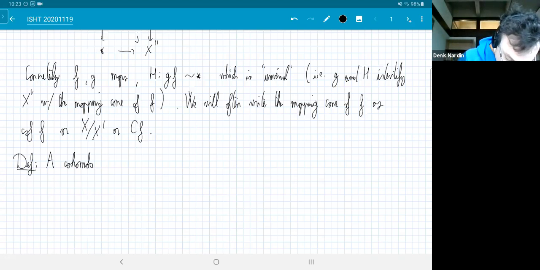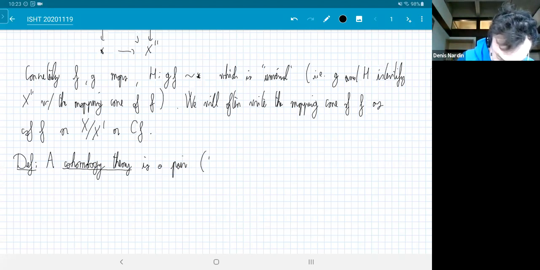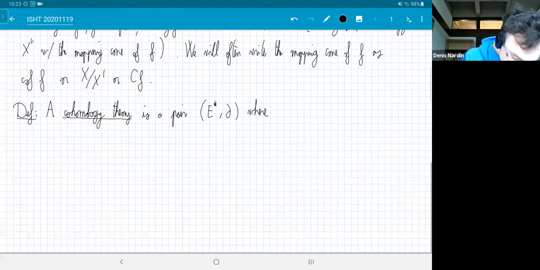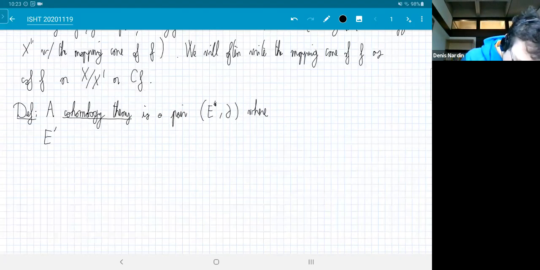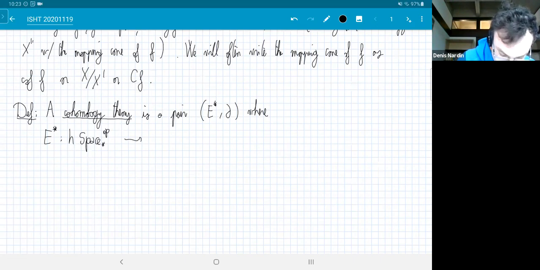So a cohomology theory is a pair (E^*, δ), where E^* is a functor from the homotopy category of pointed spaces into graded abelian groups.